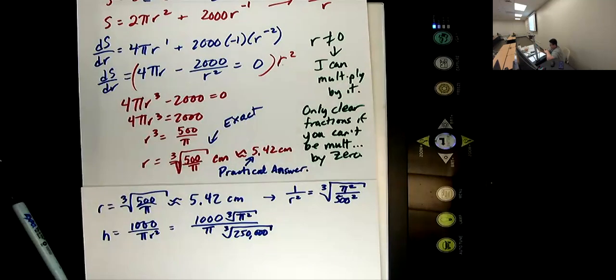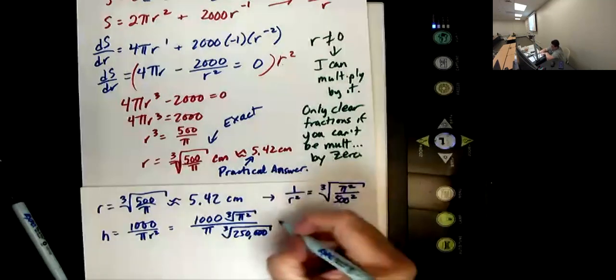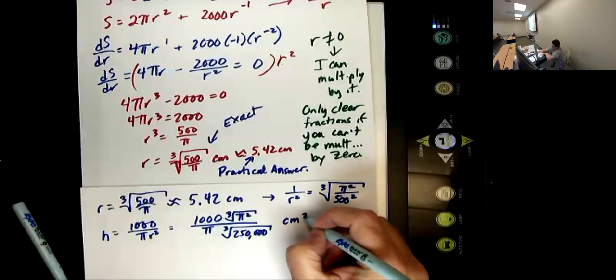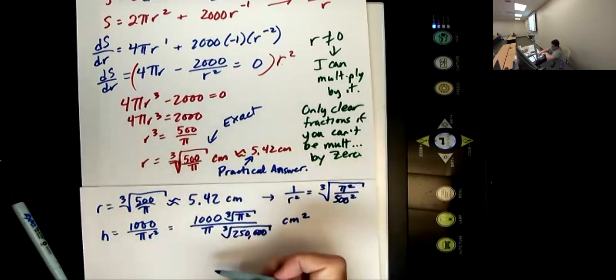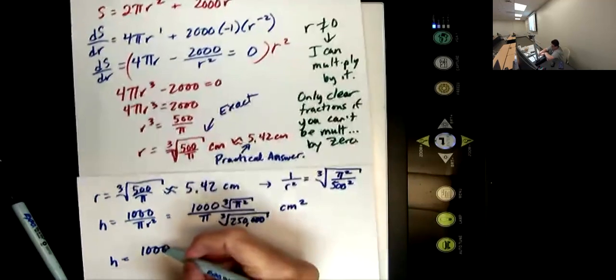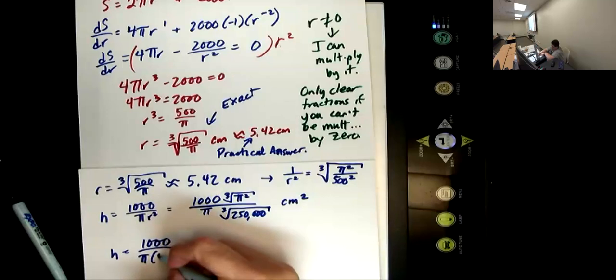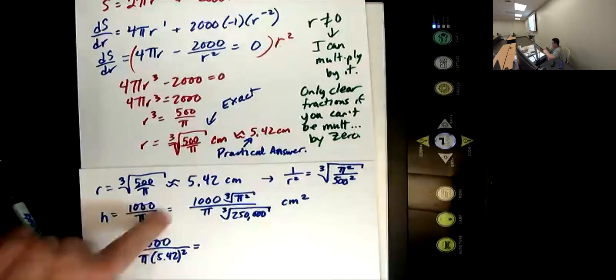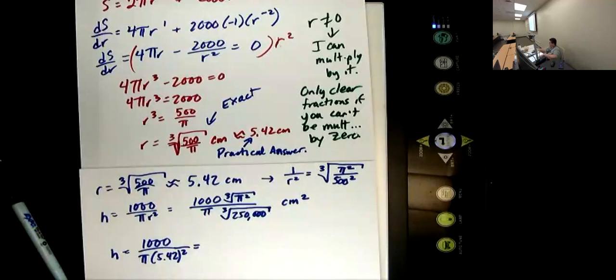Now, this is the exact answer, but for my practical answer I'm just gonna do 1,000 over pi times 5.42 squared. I'm not gonna plug this in the calculator, that's tedious. I already got r, so let's use r and square my answer.